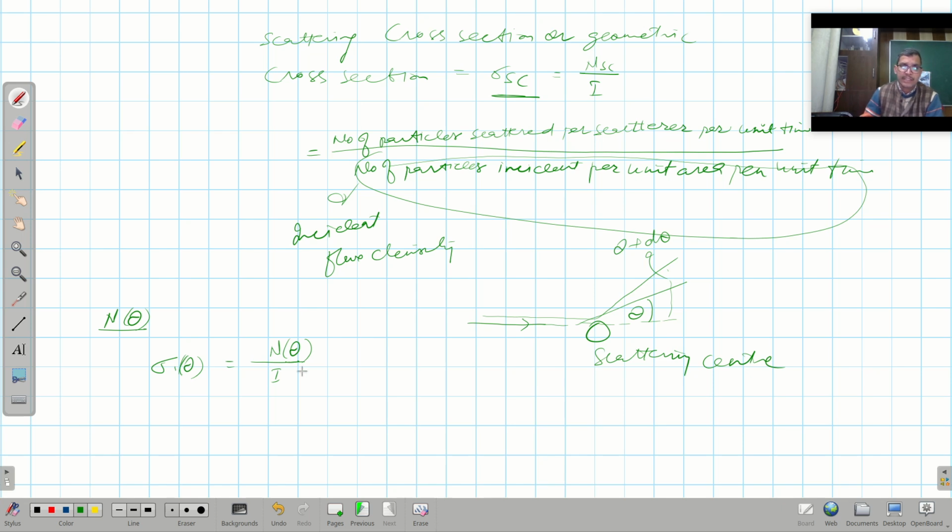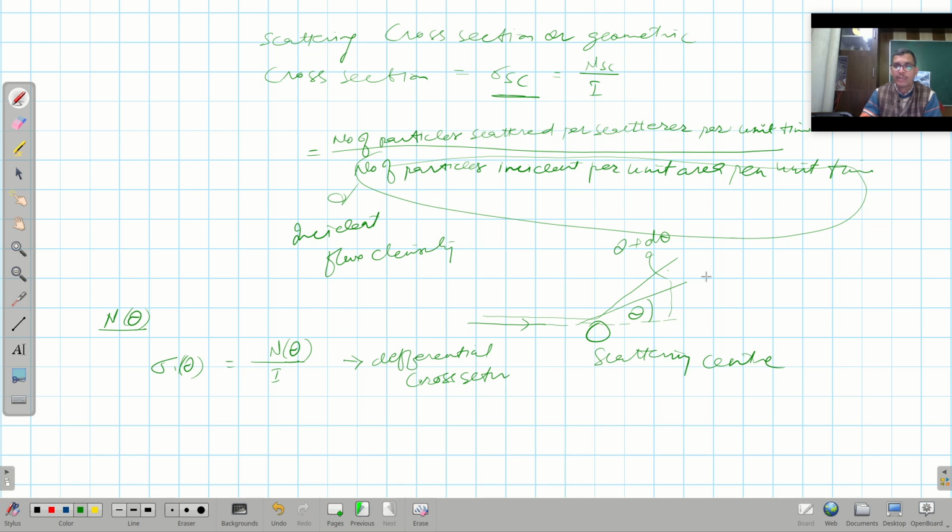This is known as the differential cross section, meaning for a particular angle.